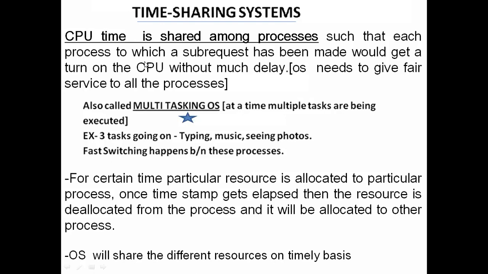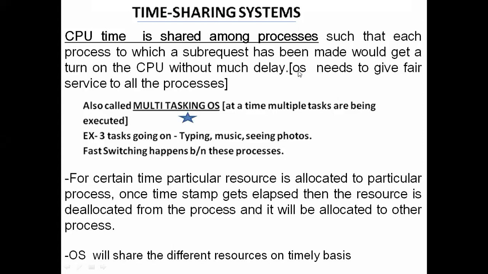All the processes get an equal amount of CPU time, and that particular slot of CPU time we call the quantum time. So the minimum amount of time that each process gets to execute on the CPU, that small timestamp, we call the quantum time.